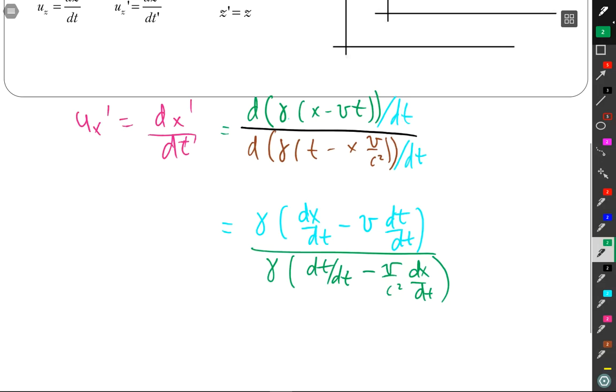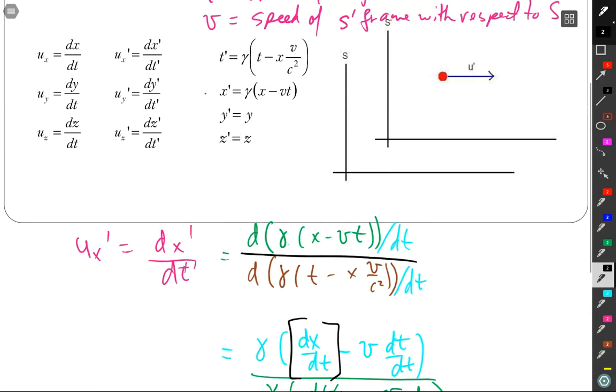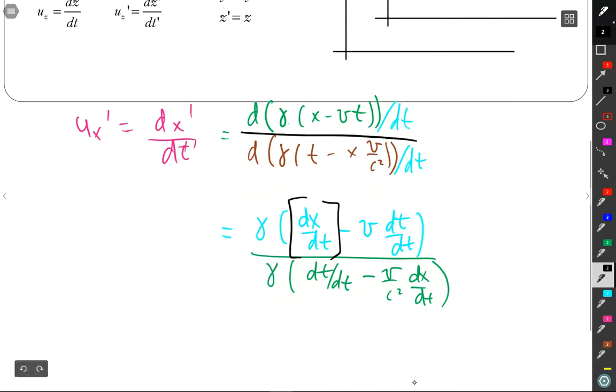So there, I've done the derivative with respect to time of the top and the derivative with respect to time of the bottom. Now let's simplify. What is dx/dt? Okay, so that's... and what is dt/dt? 1, right. By definition, that's just 1.